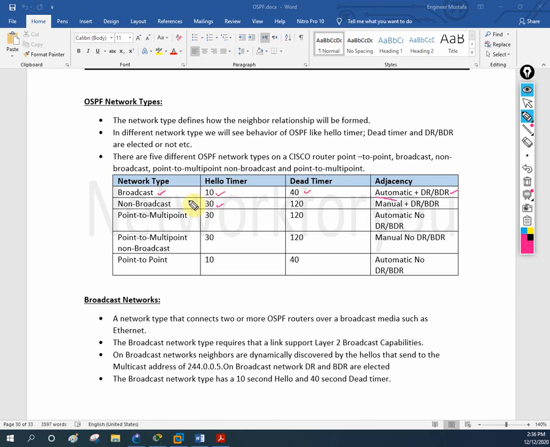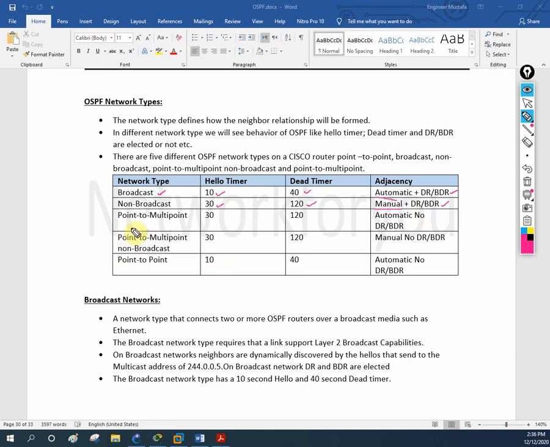When you are using non-broadcast network, hello timer will be 30 seconds and dead timer will be 120 seconds. Here neighbors will not be found, so you need to configure them manually. And you will have DR and BDR here.